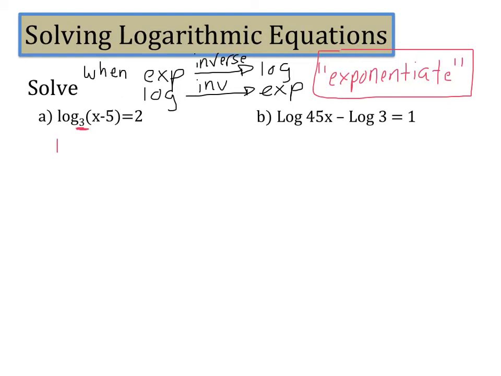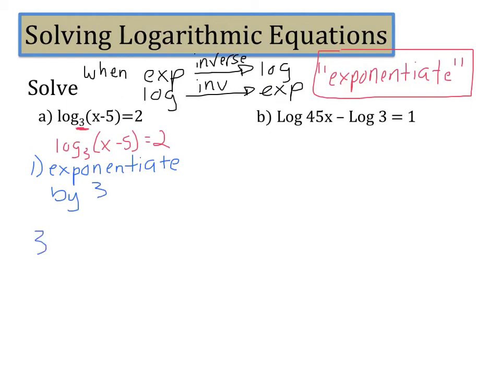I have my equation log base 3 of x minus 5 equals 2. So the first step is to exponentiate both sides. So I'm going to exponentiate by 3. So I'm going to have 3 raised to the log base 3 of x minus 5 equals 3 raised to the 2.